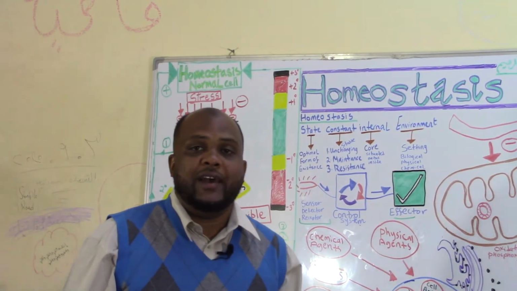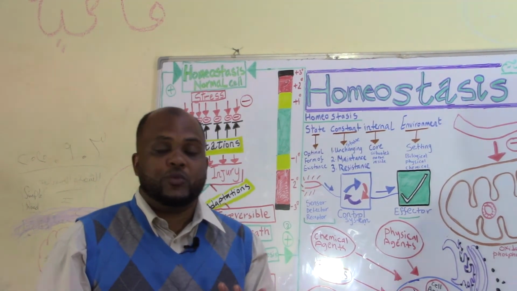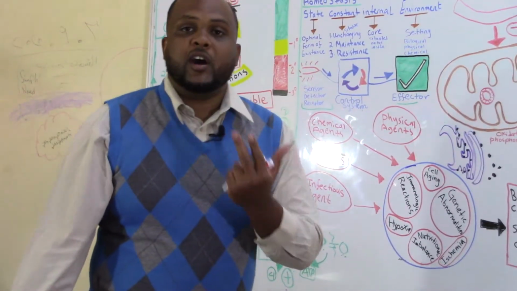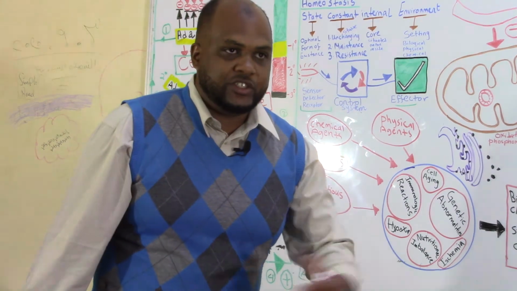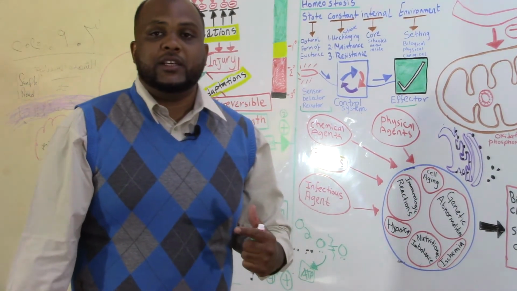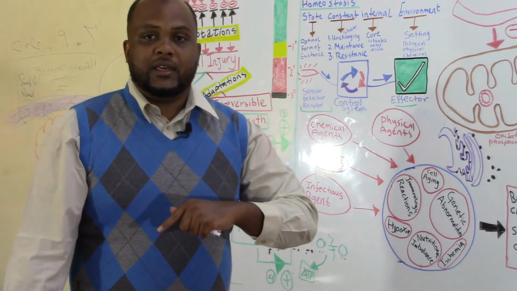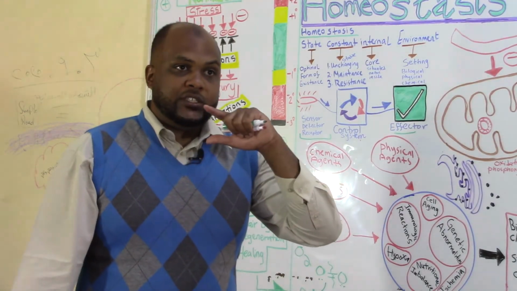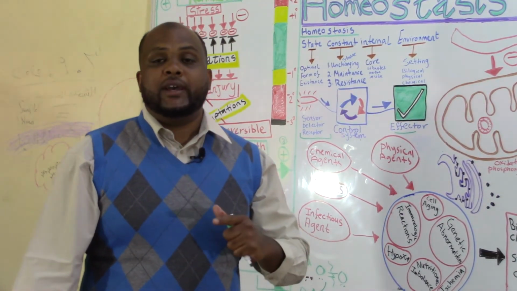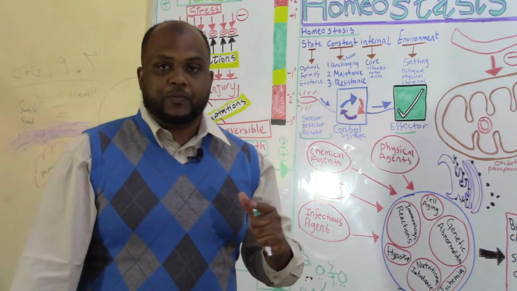So instead of having 2 copies in chromosome 21, we have 3 copies in chromosome 21, leading to this genetic abnormality, leading to a genetic disorder known as Down syndrome.